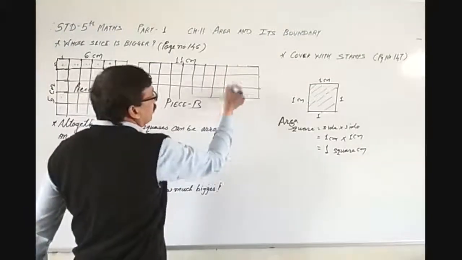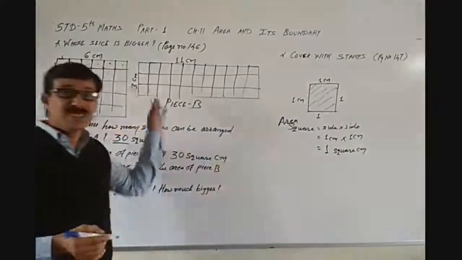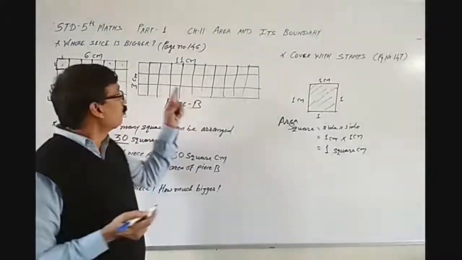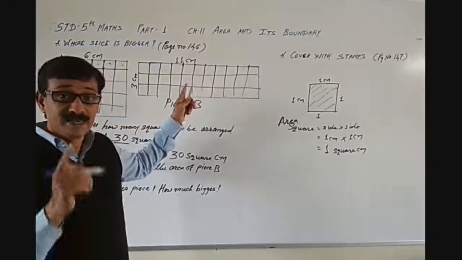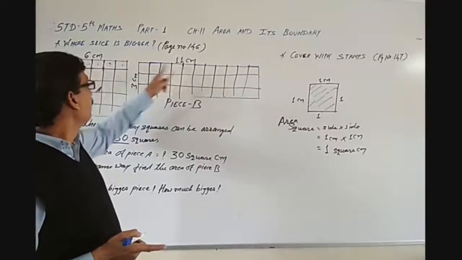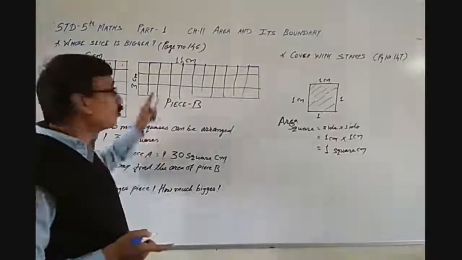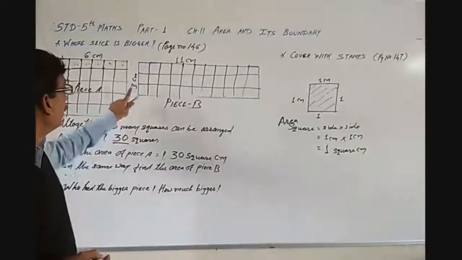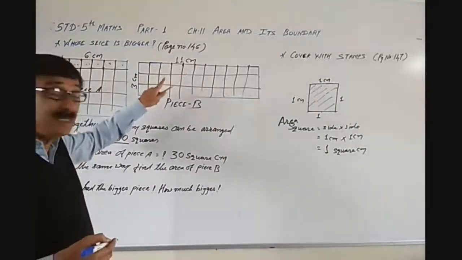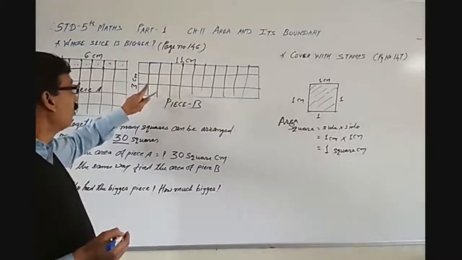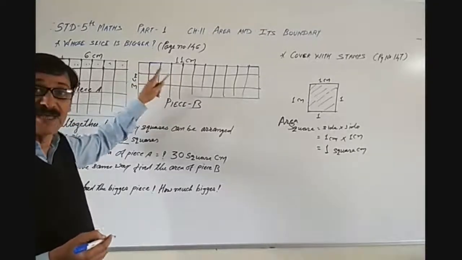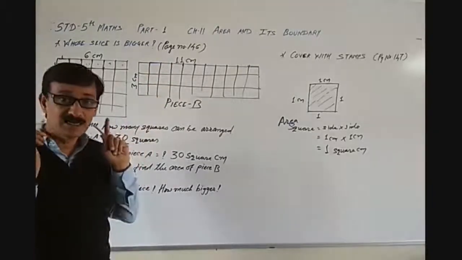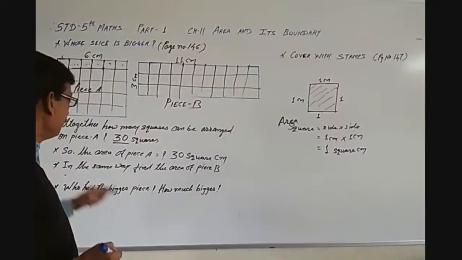So now, how many squares are there? How will you find out the total number of squares? Yes, it is length multiplied by breadth. So 11 multiplied by 3. So in this piece B, the total number of squares is 11 multiplied by 3, that is 33. 11 3s are 33.